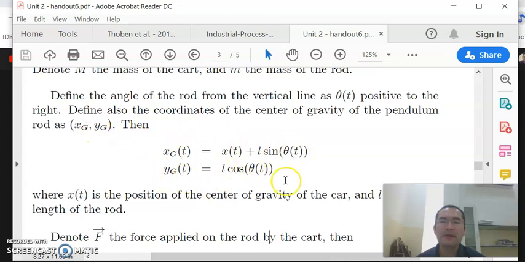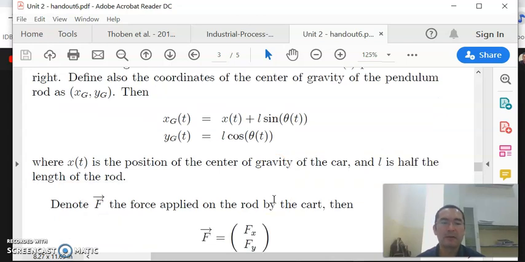It's easy to see the relationship between these coordinates of the center of gravity of the rod with respect to x, where x is the position of the center of gravity of the cart.